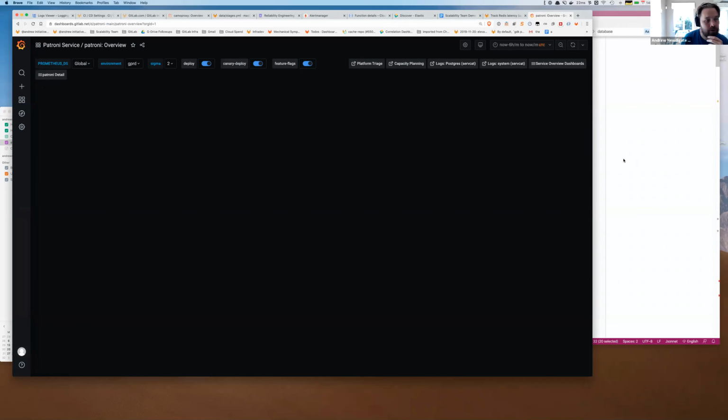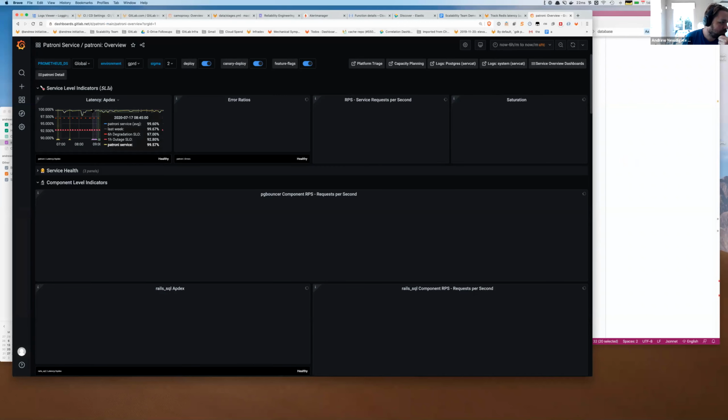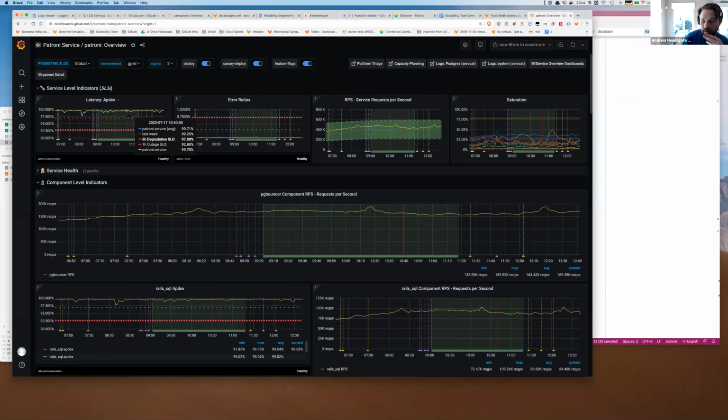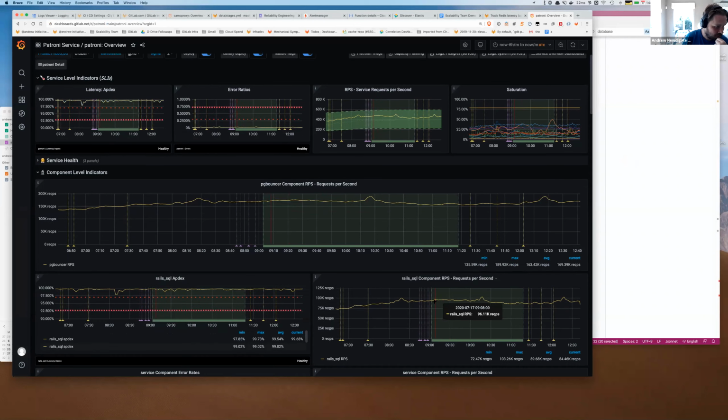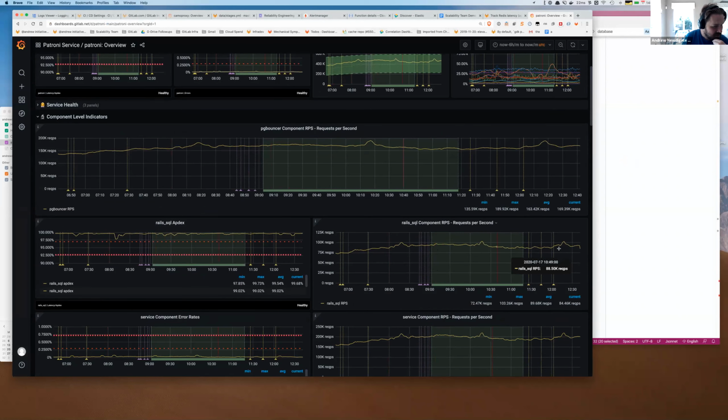This is what we've been doing for this dashboard for at least 9 months. And this value over here actually comes from something called Rails SQL. Rails SQL has an apdex and an RPS, and it doesn't have an error rate. I don't think we have any way of tracking errors. We probably should, but we don't at the moment.